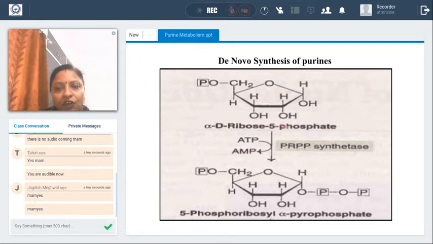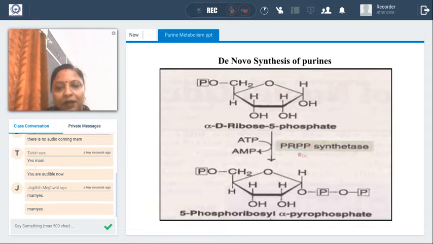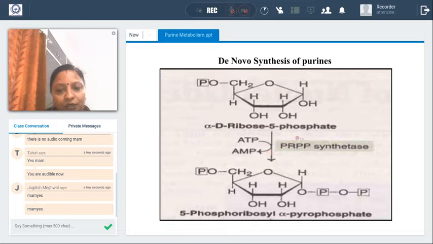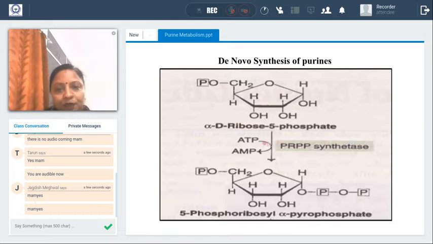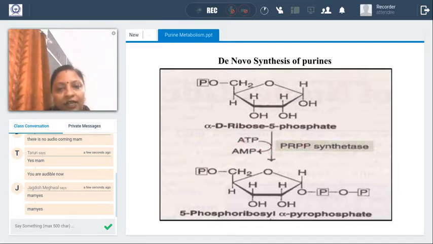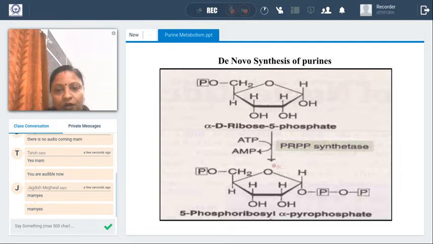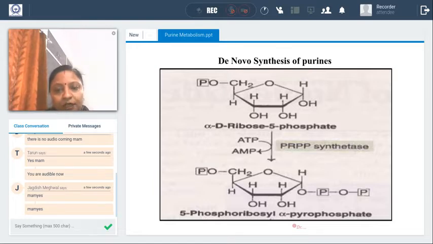This ribose 5-phosphate, in the presence of PRPP synthetase, in the presence of ATP, converts into 5-phosphoribosyl alpha pyrophosphate, that is PRPP. Pyrophosphates are diphosphates. ATP converts into AMP. This is the first step in de novo synthesis of purines.